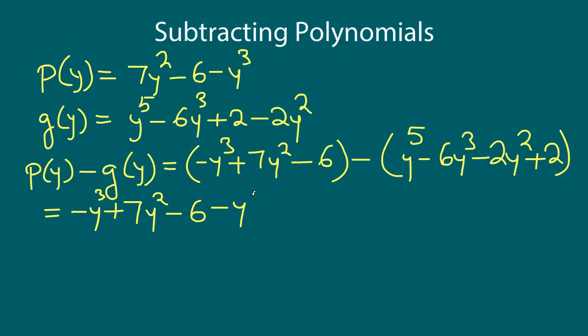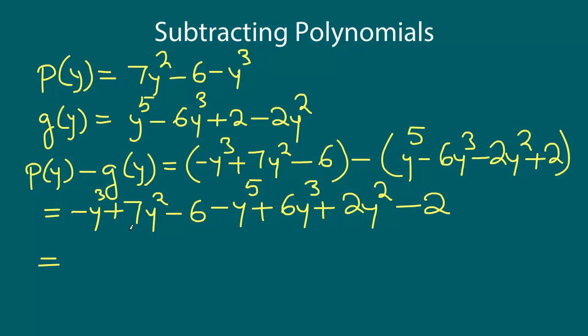So we'll have minus y power 5. Then this minus will become plus. We will have plus 6y to the power 3. This minus will become plus. We'll have plus 2y squared. And this plus will become minus. We'll get minus 2.